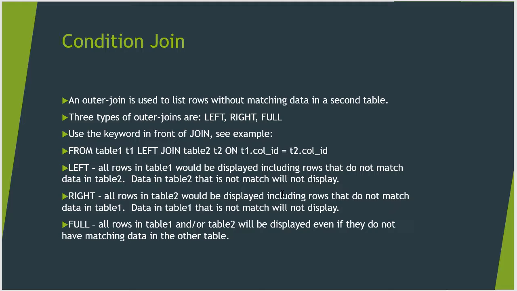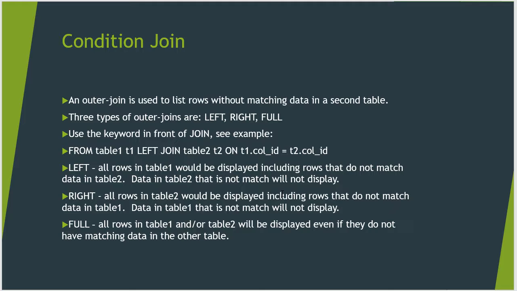So in this example, our important information we want to see is in table 1. We want to see everything, whether or not it is associated with data in table 2. If table 2 had information that was not associated with something in table 1, we just want to ignore it. So that would be this left join.